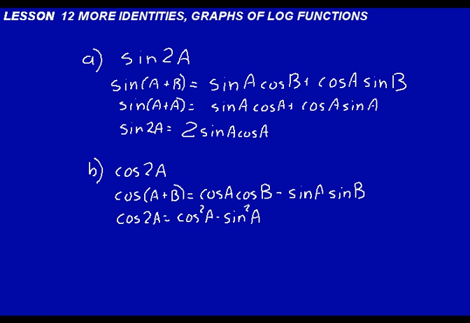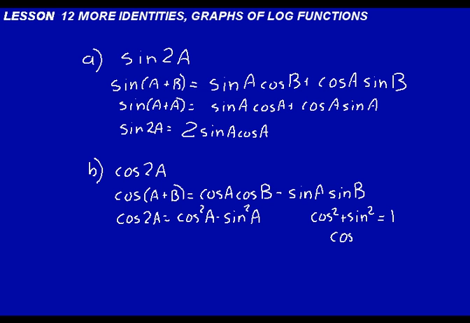Now just think about this. Cosine squared plus sine squared is equal to 1. We already know that relationship. We could substitute that relationship in, or rearrange it and substitute it in for cosine squared and then for sine squared, and come up with two more identities for cosine 2A.